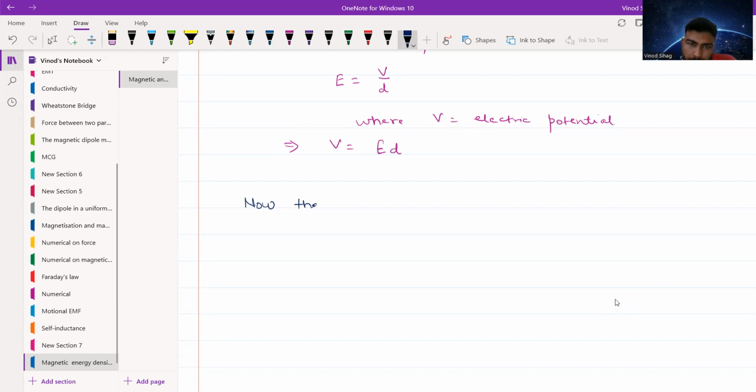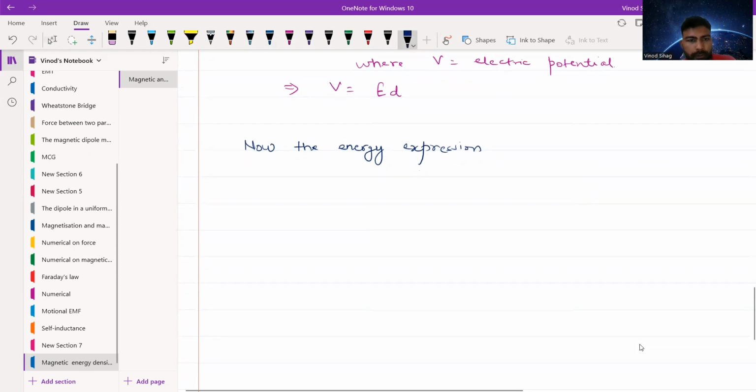Therefore, the energy expression. Now we have to place the values in UE.